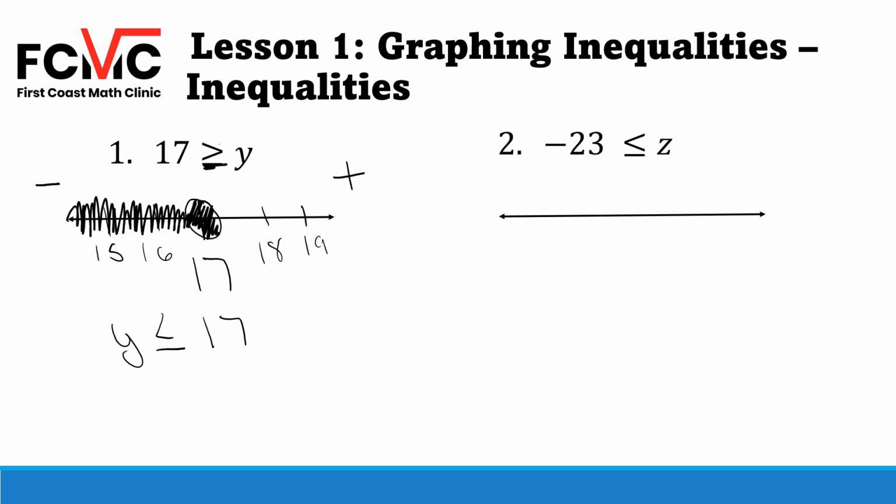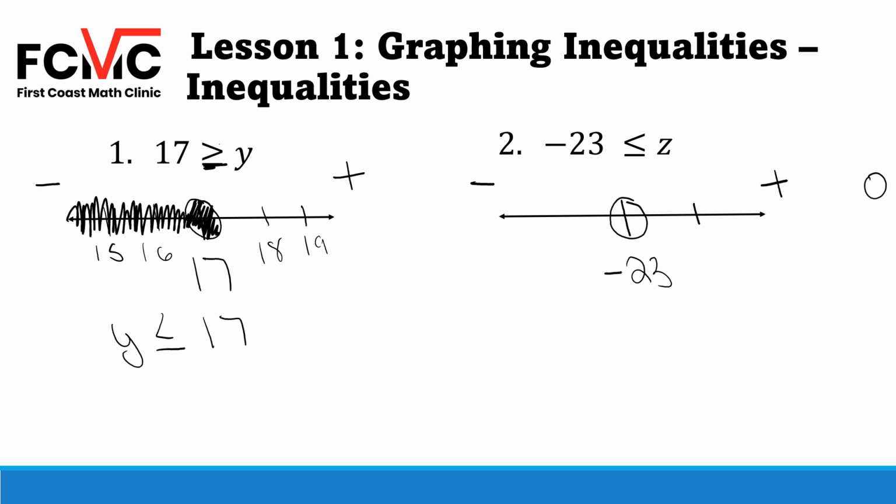Number two, negative 23. Greater than values are to the right, less than values are to the left. So think of our number line for our negative values. If I have negative 23 here, then 0 is all the way to the right.